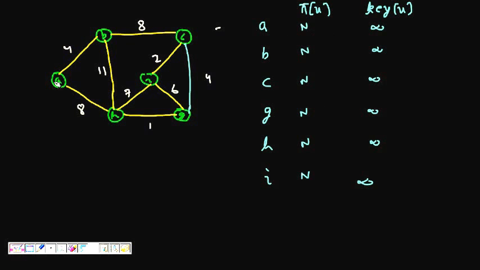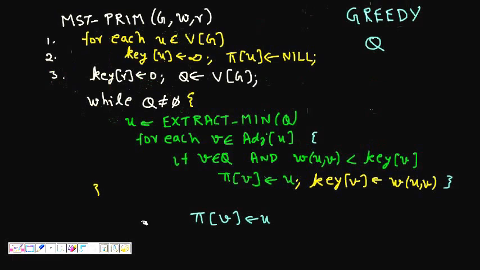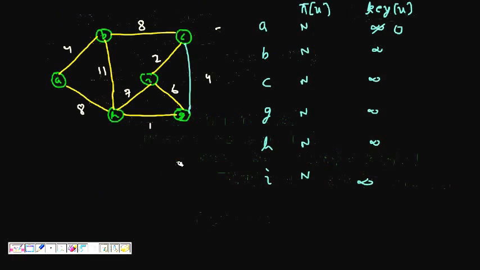Let's start with node A, and we make its key 0. Then we include all the nodes in the queue. So we have A, B, C, G, H and I in the queue.